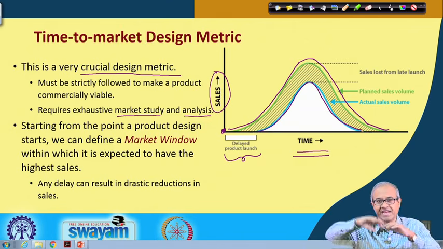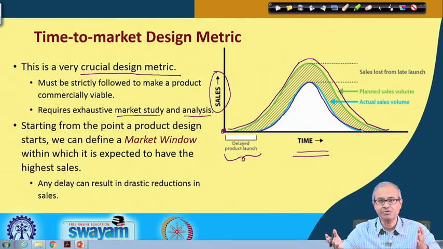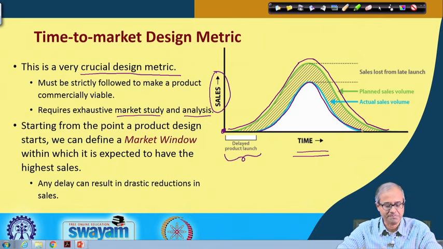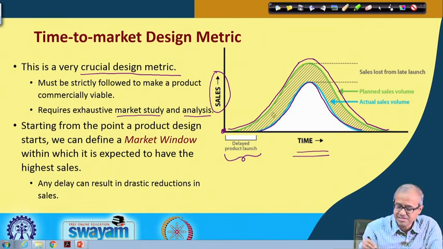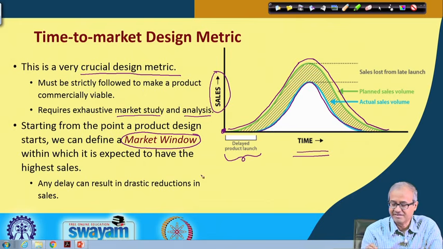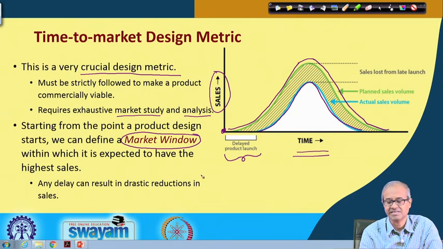The total area under this curve will denote your total revenue, how much total sale you have been able to make. The total area under the curve will indicate your total sales over that period of time. So, this area under the curve is defined as the market window. So, any delay can result in a drastic reduction in sales.